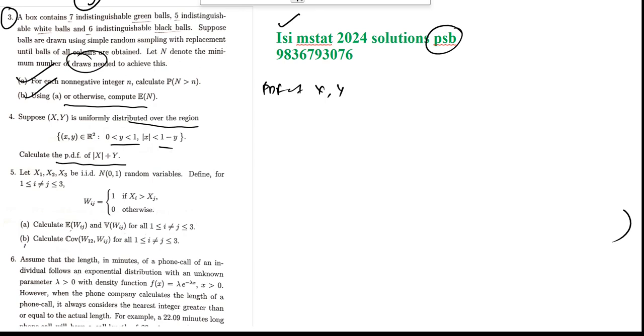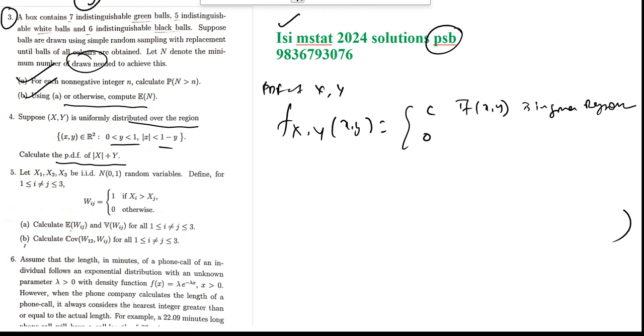We know that the joint PDF over the region is a constant, so f(x, y) equals c when (x, y) is in the given region, and 0 otherwise.